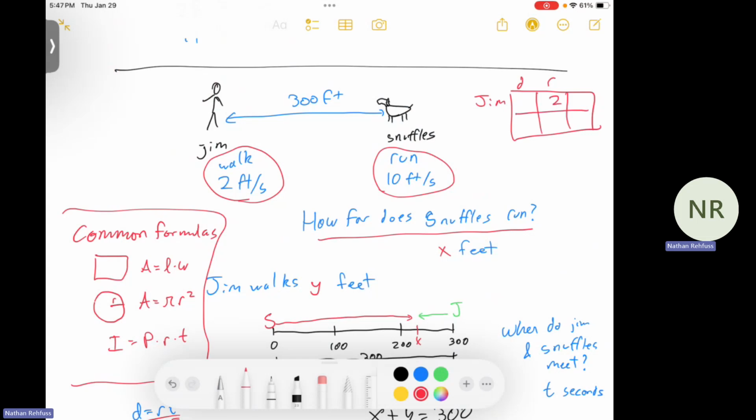Jim covers a distance of 50 feet in 25 seconds. And that's true. 50 is 2 times 25. So D equals RT is satisfied. Snuffles covers 250 feet at a rate of 10 in 25 seconds. We can check 250 is 10 times 25, so once again, D equals RT is satisfied.